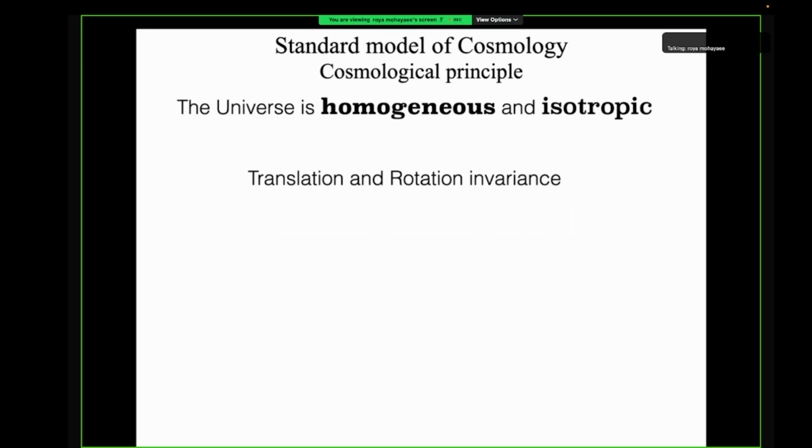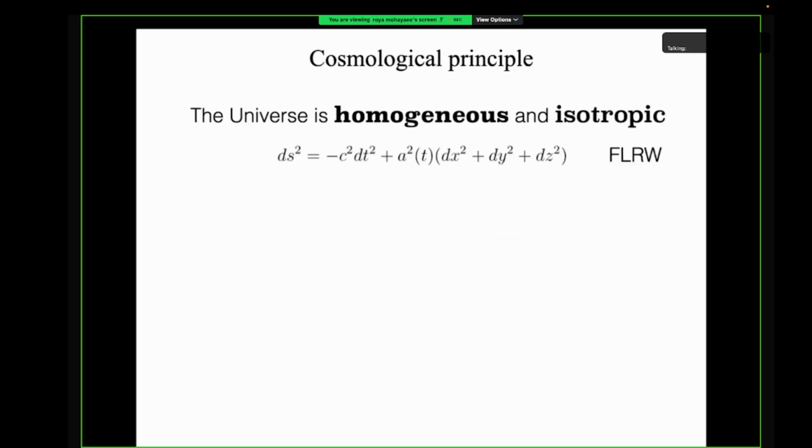What it says is that it assumes, it's an assumption, that the universe is homogeneous and isotropic on large scales. So for you theorists and physicists, homogeneous and isotropic basically means that your metric is invariant under translation and rotation. If I write such a metric, it's basically the FLRW metric.